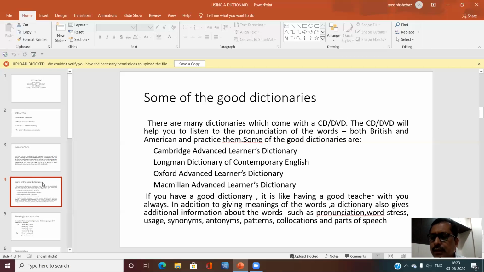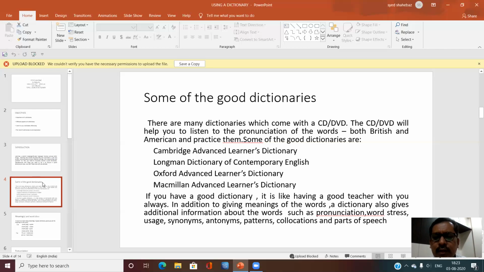But if you face any doubt, how do you clear it? This dictionary helps to clear your doubts regarding spelling, pronunciation, parts of speech, synonyms, antonyms, etc. It is like having a good teacher with you always.